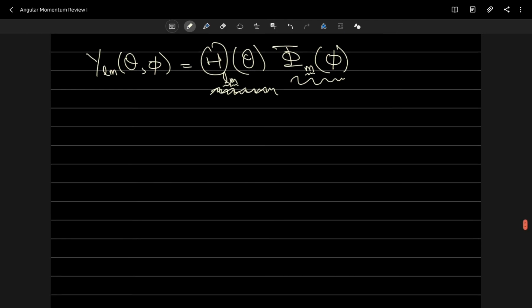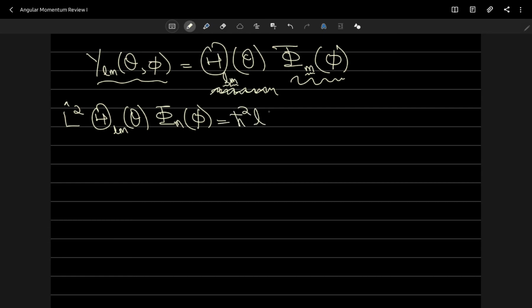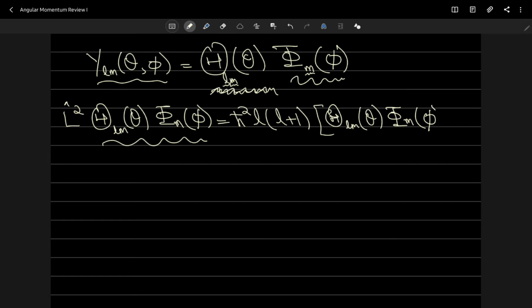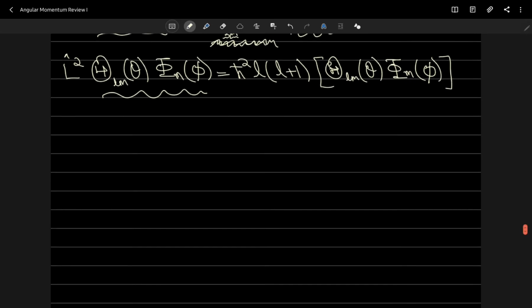So we'll have L squared, not acting on Y_Lm, but written in terms of capital Theta_Lm(theta) times capital Phi_m(phi), which is equal to h bar squared L into L plus 1 times the function back, which is now Theta_Lm(theta) Phi_m(phi).